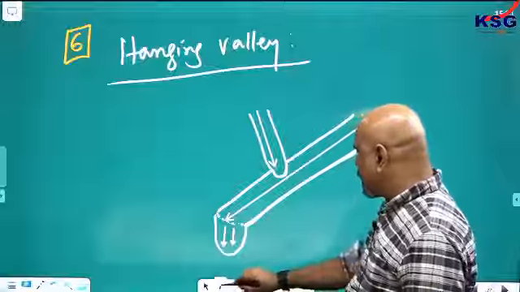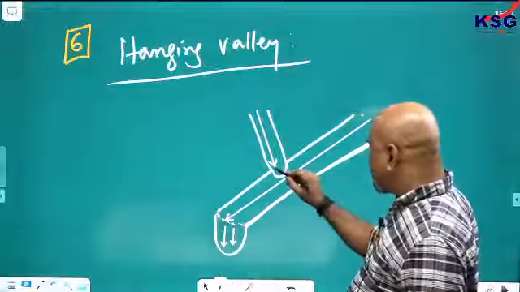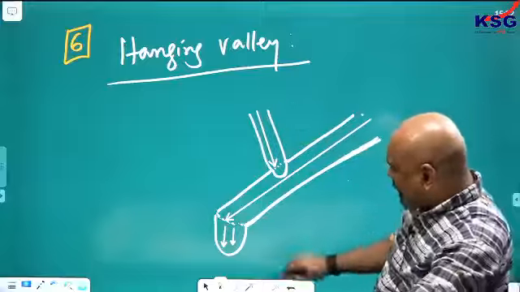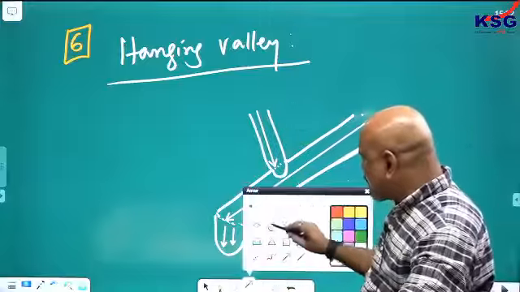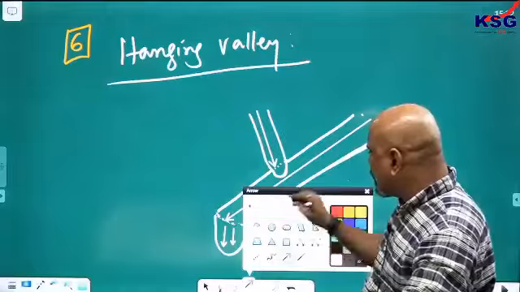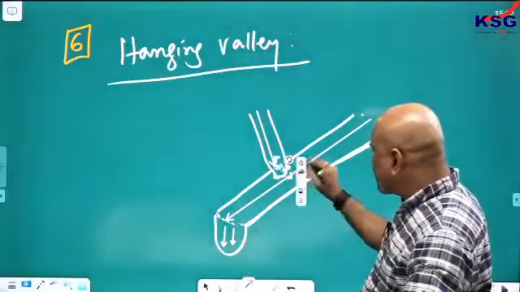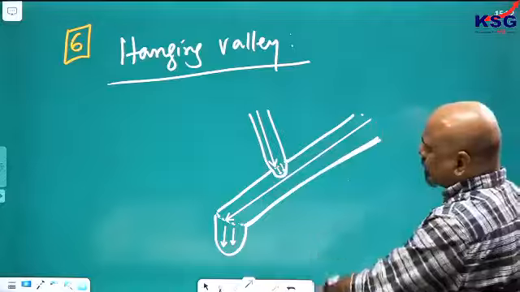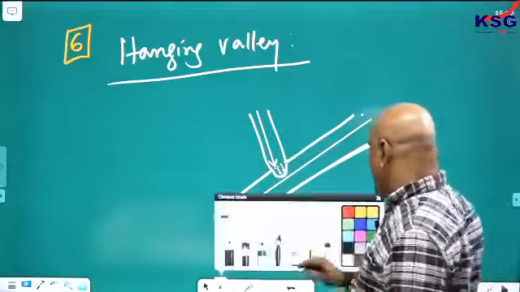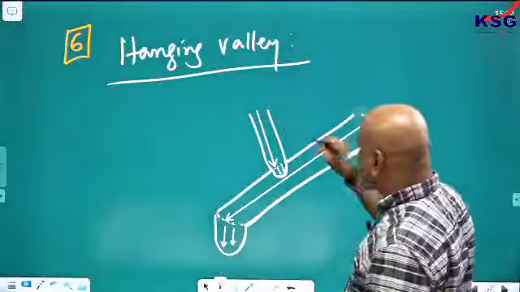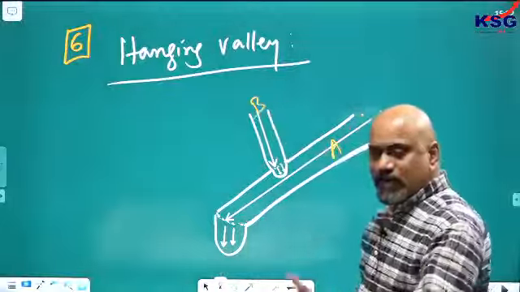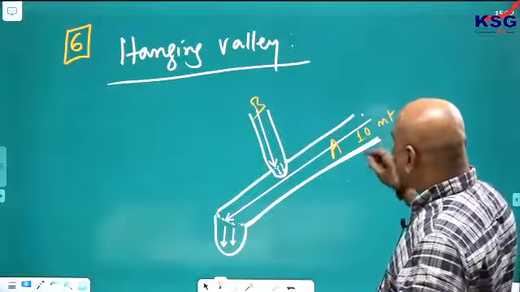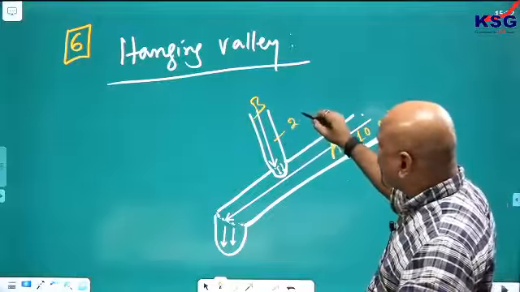This will be like a smaller glacier here. ये जो glacier आ रहा है, this glacier is a very small glacier. इसका depth, first glacier A and this glacier B, glacier A is forming a valley of let us say 10 meter depth and glacier B is forming of 2 meter depth.